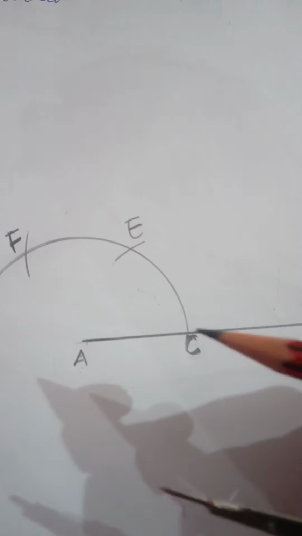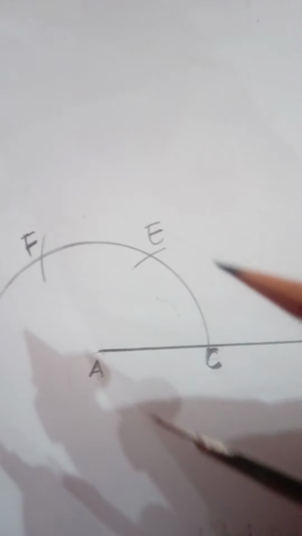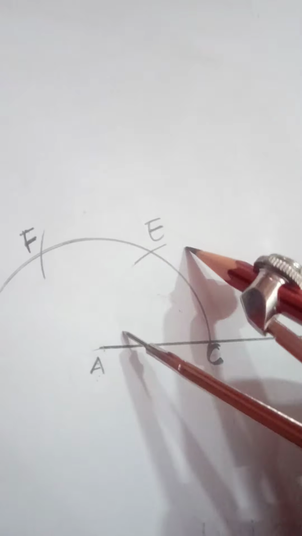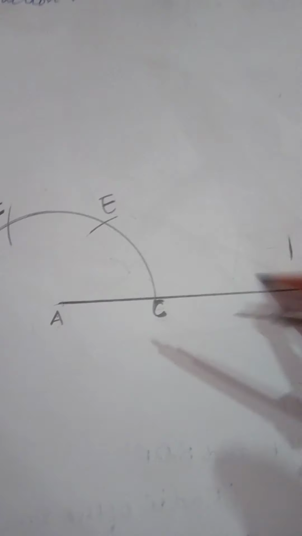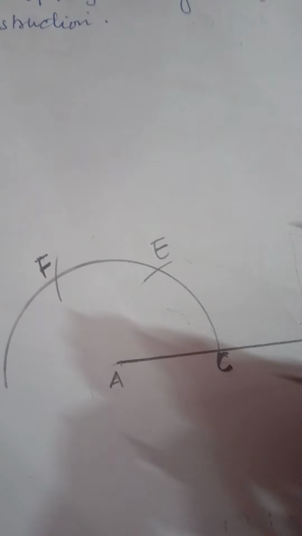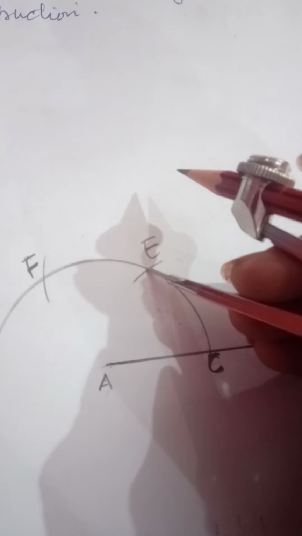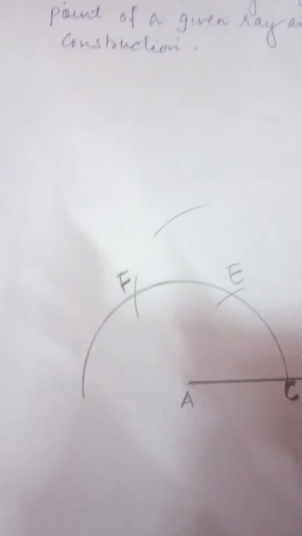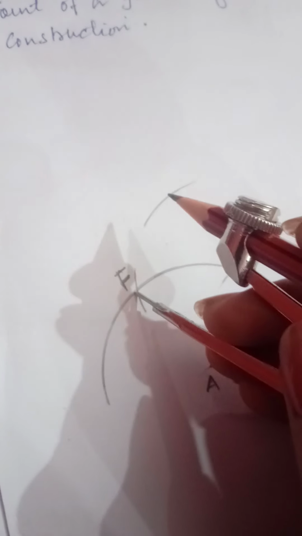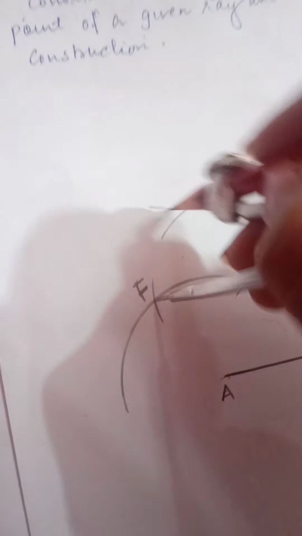Every time, the measurement of the compass was the same. You did not need to change it. Now from E, make an arc here, and from F, make an arc here.